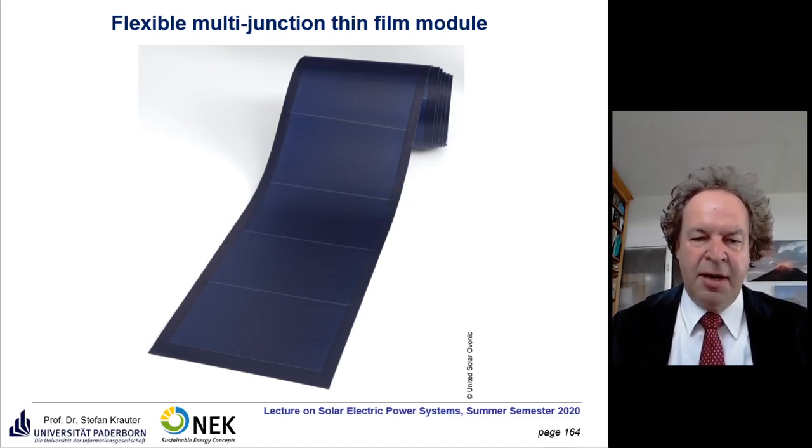This has, for example, been applied to many football stadiums when the football cup in Brazil took place. The advantages: it's flexible and can be easily adapted to curved surfaces. The disadvantages: it's thin film and the efficiency is quite poor, and also the durability is sometimes quite poor, due not to the solar cell but to the plastics used here.